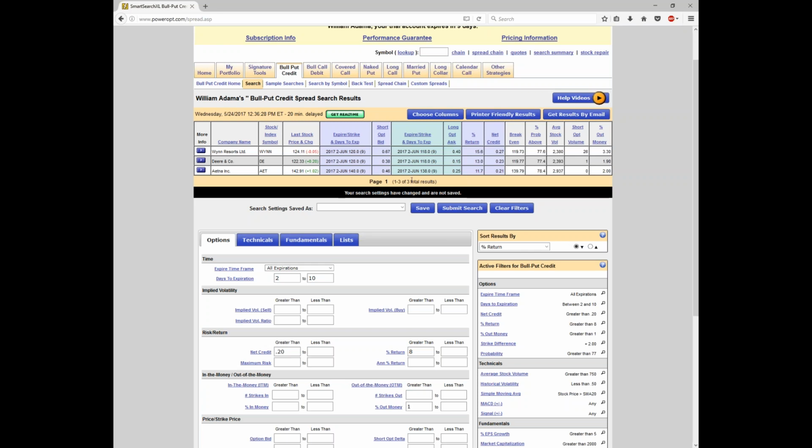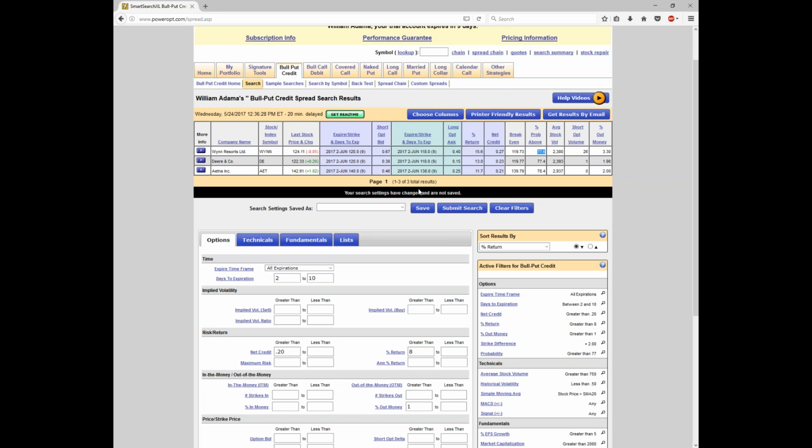I've narrowed the entire universe down to 3 results: Wynn Resorts, Deere, which just had earnings last week, and Aetna. These are all positions that have a 77% or higher probability, a double-digit percent return, and a reasonable net credit of 23 to 27 cents, exactly what I said.